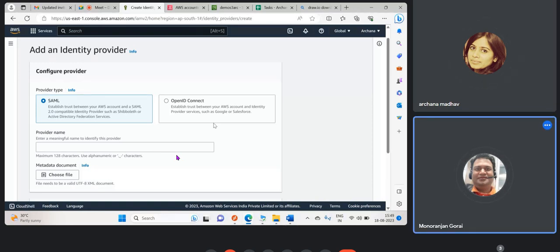The basic authorization, not the full. Let's say I am logging into Facebook via Google. In this case, Google is my identity provider. Google knows that Archana is a genuine user, and she has all these details: name, address, phone number, and all. Now, when you go to Facebook, Facebook is saying you don't have to fill in the complete form.